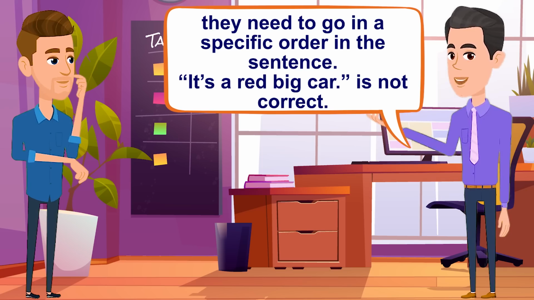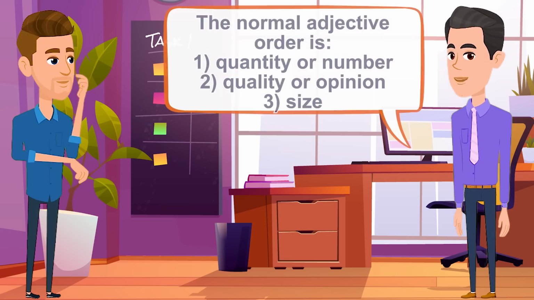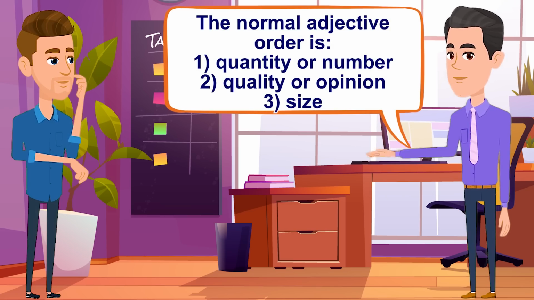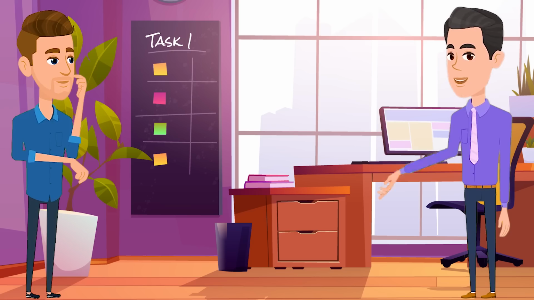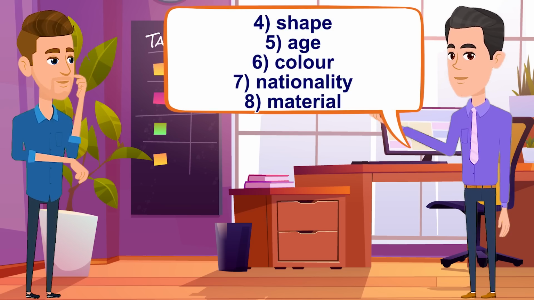It's a red big car is not correct. The normal adjective order is 1. Quantity or number, 2. Quality or opinion, 3. Size, 4. Shape, 5. Age, 6. Color, 7. Nationality, and 8. Material.